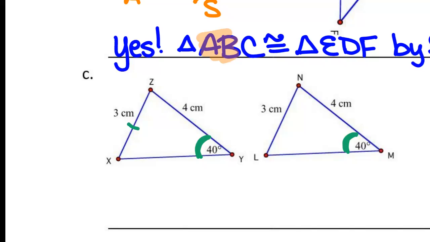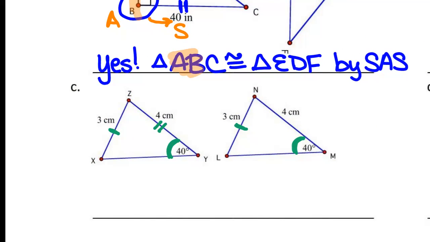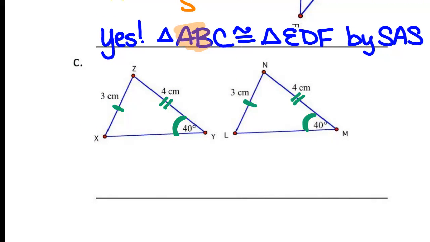Yes, ZX, this side right here, and NL, this side right here. 3 centimeters, 3 centimeters. Anything else that we can mark as congruent? ZY and NM. Perfect.